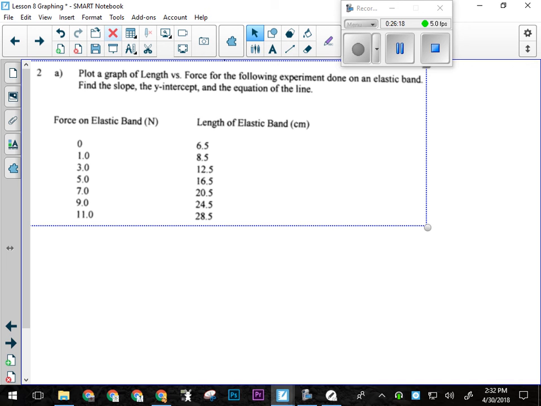The length of the elastic band is going to go on the x, and the force on the elastic band is going to go on the y. So length is going to go in column A, and force is going to go in column B. I'll let you work through that one real quick and see what you come up with. See if you can build a graph just like we did a minute ago, on your own, and then I'll do the same thing in a minute.